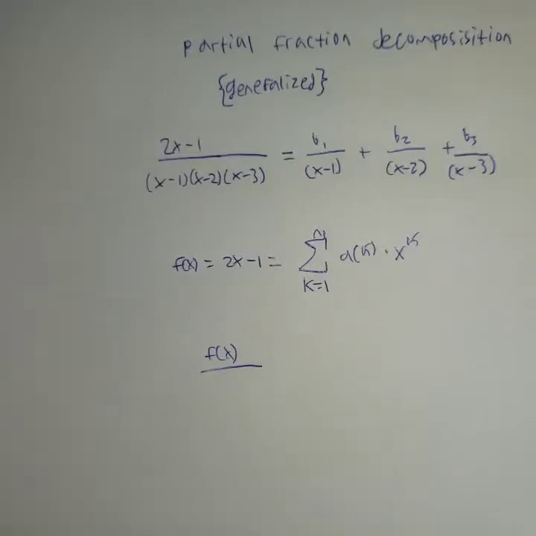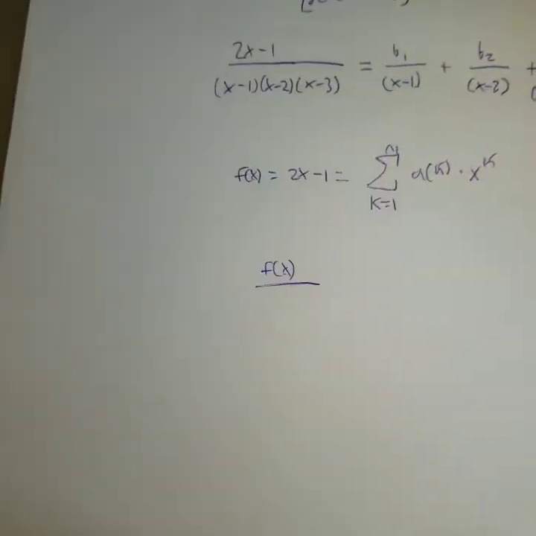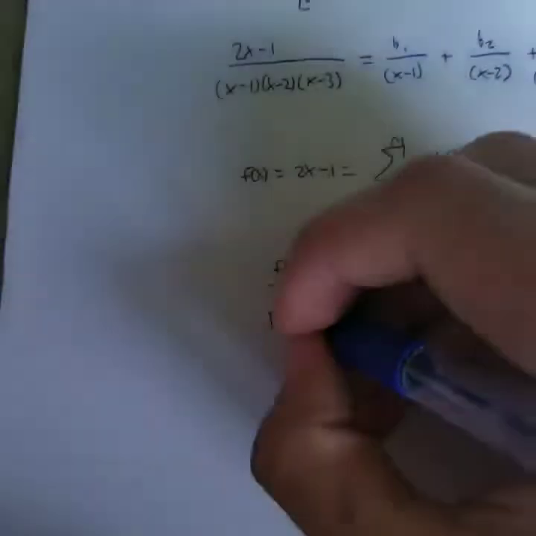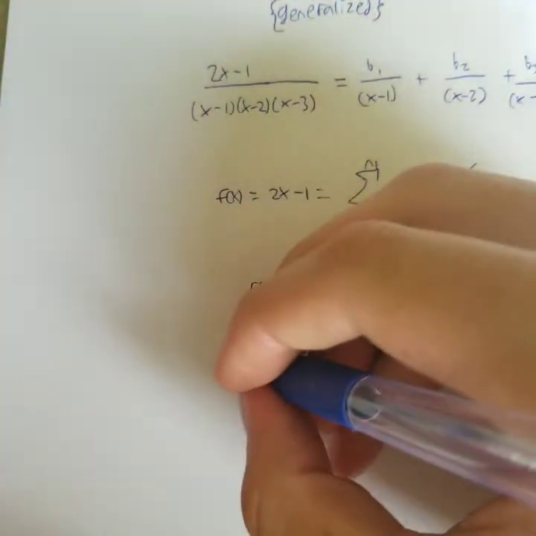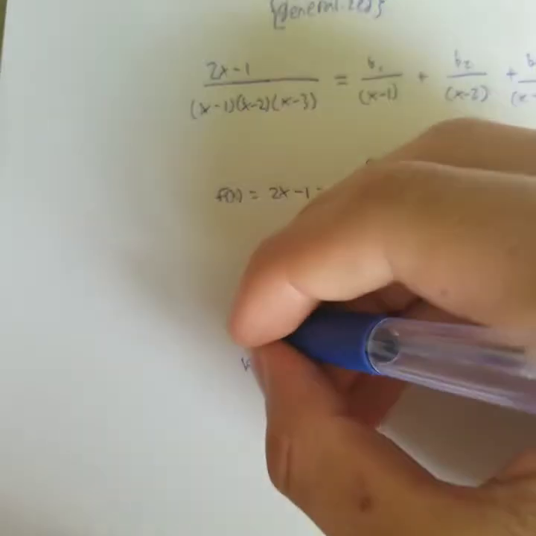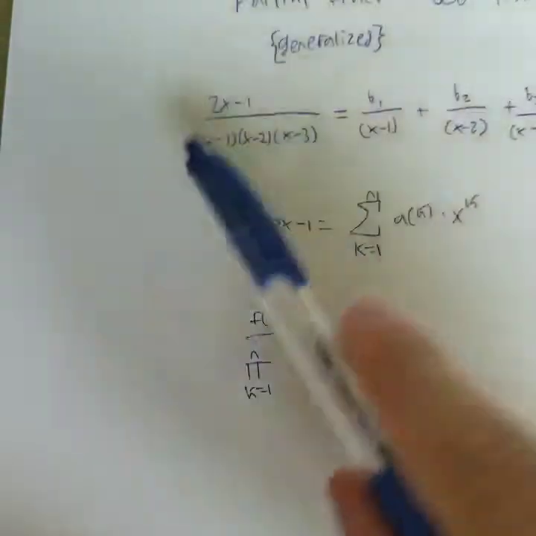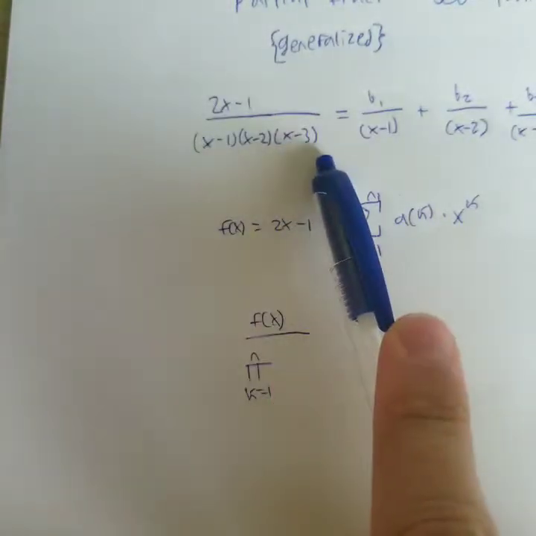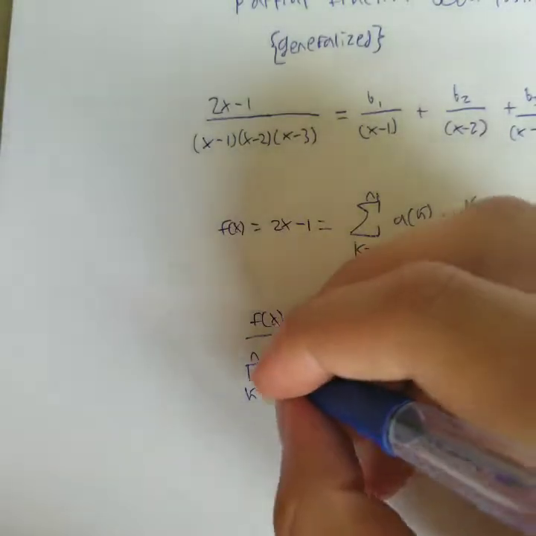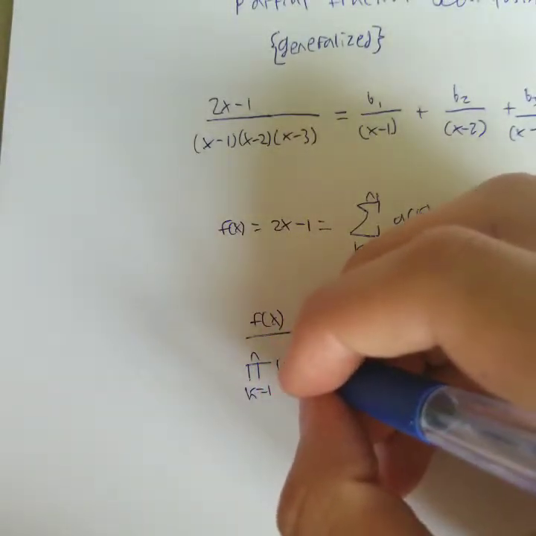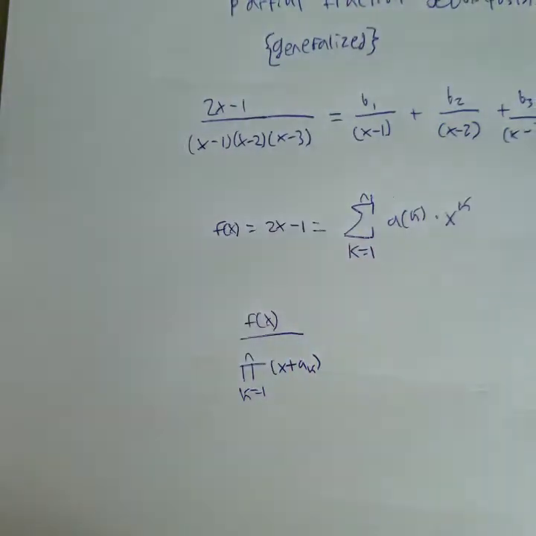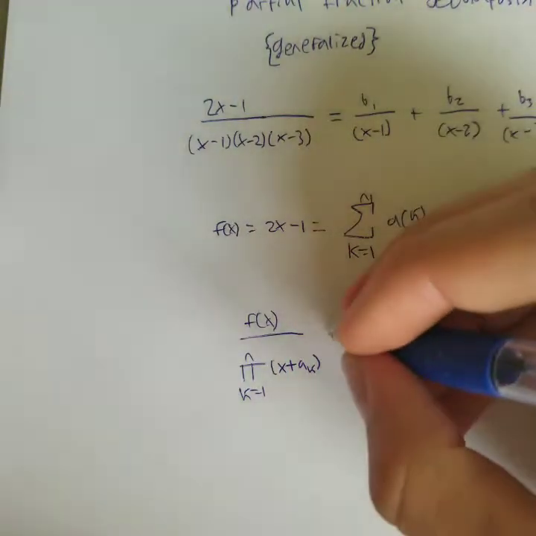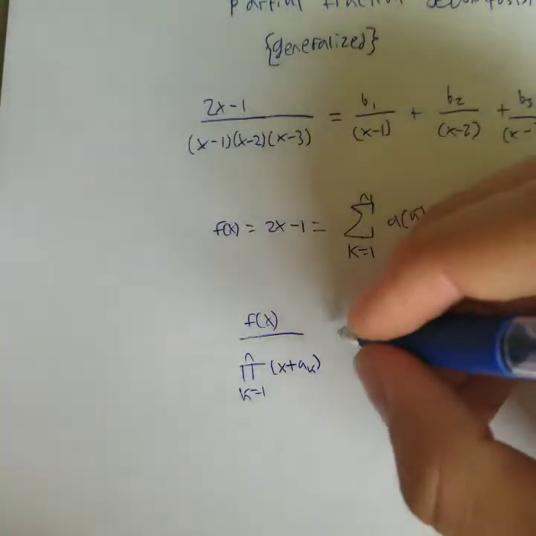So you have some arbitrary product from k equals 1 to n, as in how many terms there are. In this case, there are 3 terms of x plus a of k.